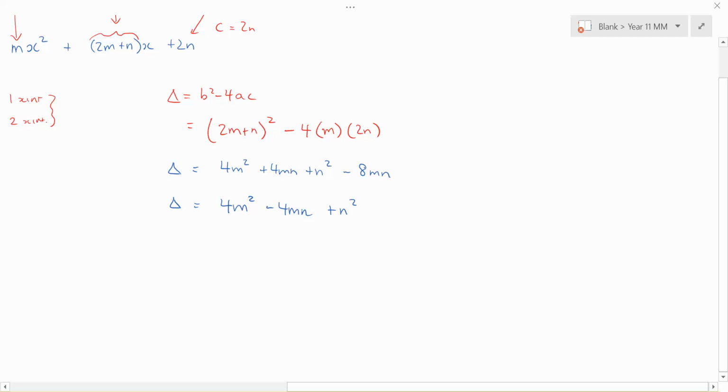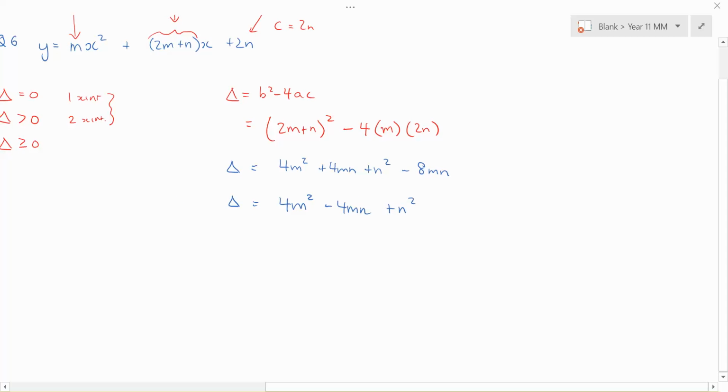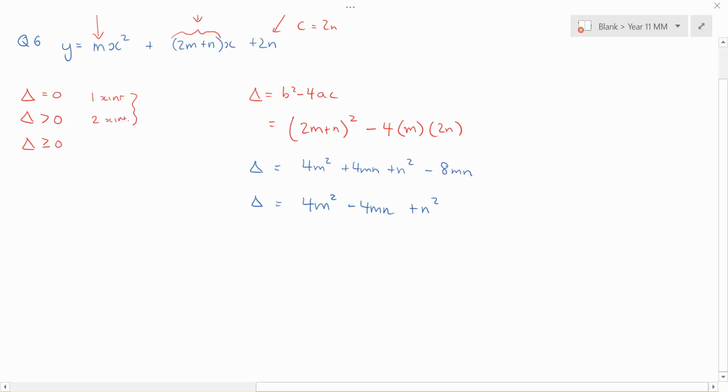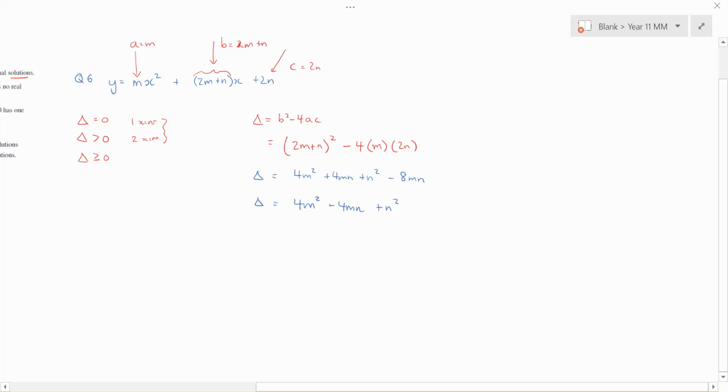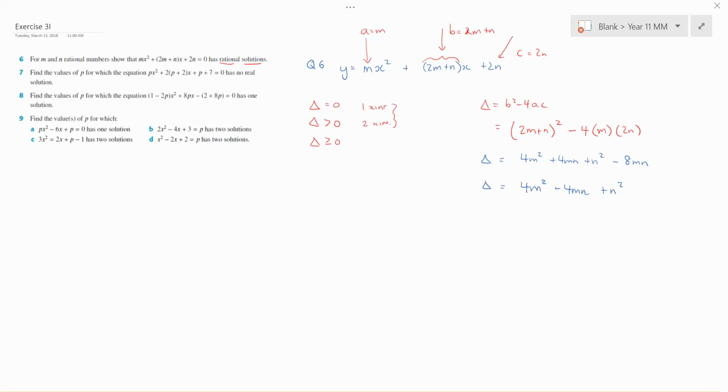In order to answer this question, you would normally sketch the graph. Now this is tricky because you have m and n in both cases.